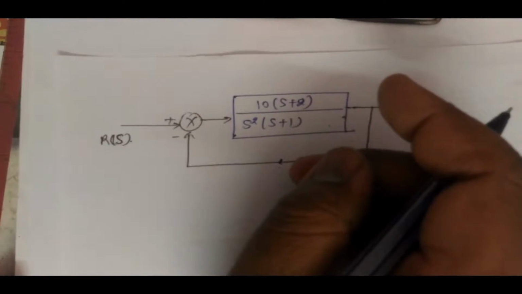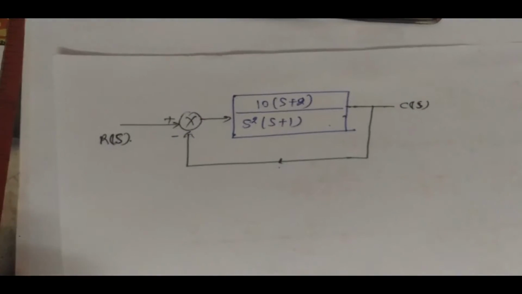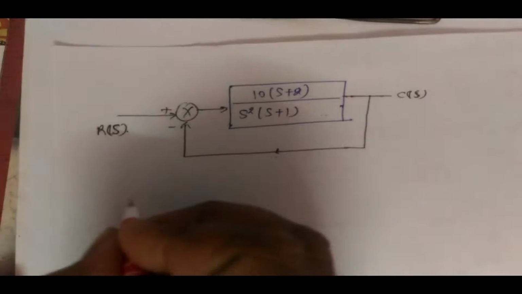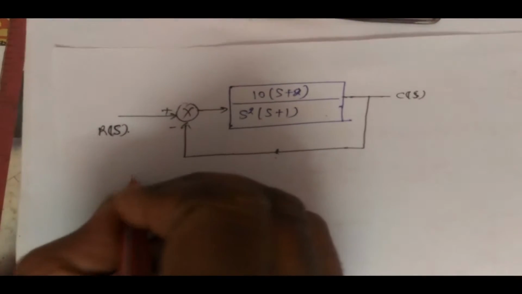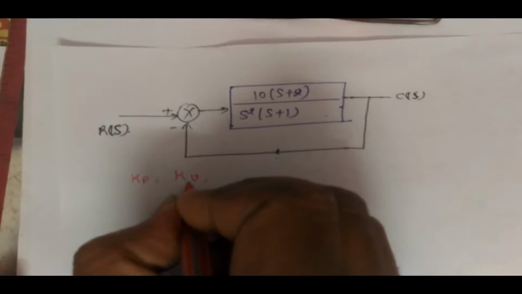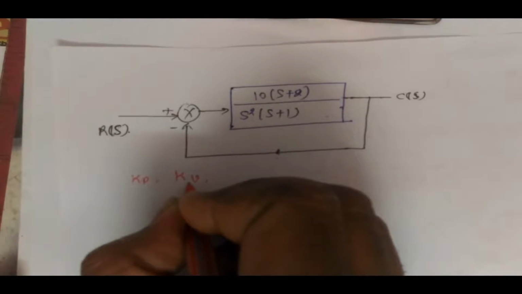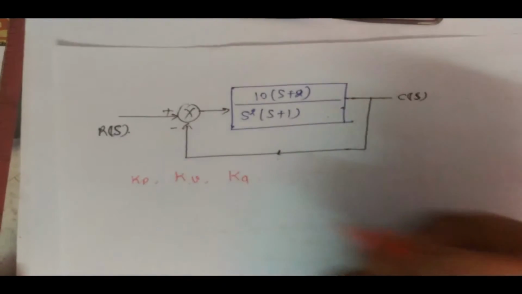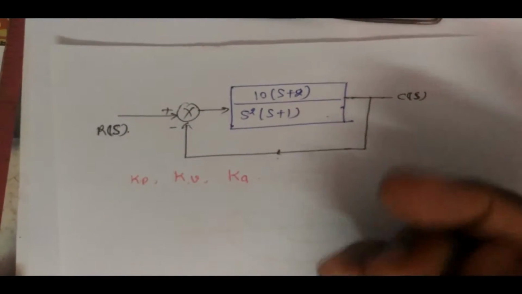Now we have to find the position error constant, velocity error constant, and acceleration error constant. Means we have to find the value of Kp, Kv, the velocity error constant or velocity error coefficient, and Ka, the acceleration error constant.